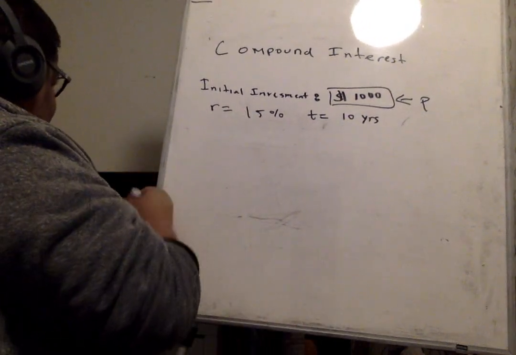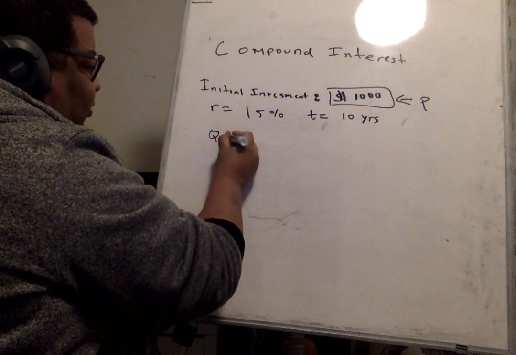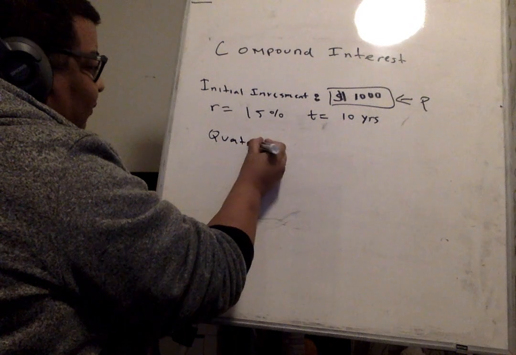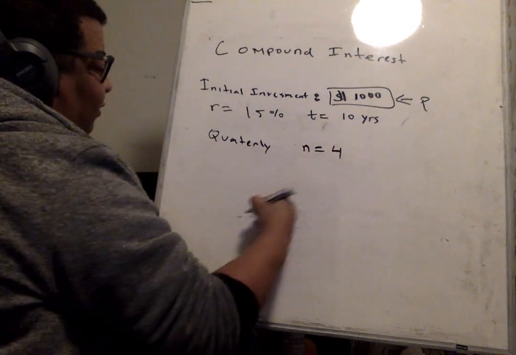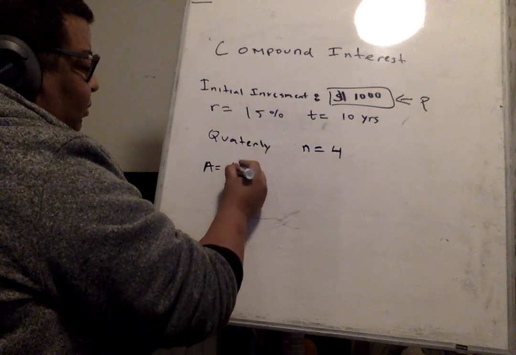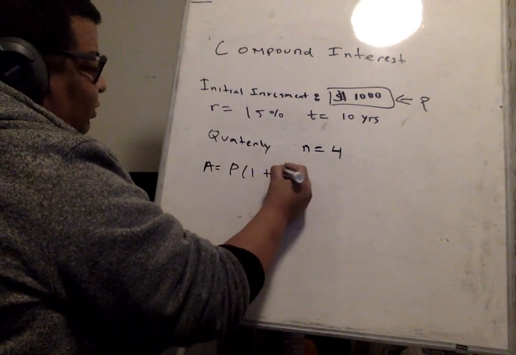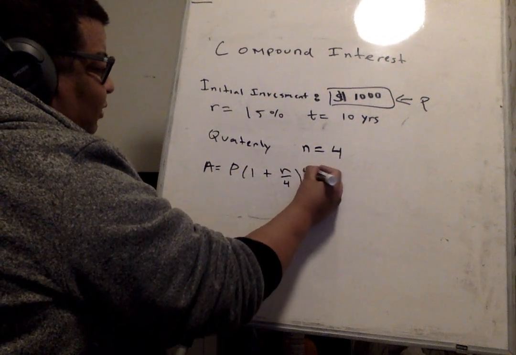So now let's say you want to compound it quarterly. So quarterly, that means that your N has to be 4. Then your formula is going to look like this. P(1 + r/4)^(4T).